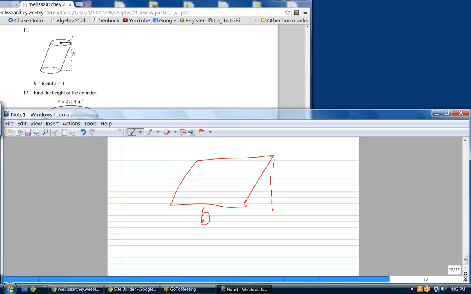Cavalieri's volume theorem says that solids with equal altitudes and identical cross-sectional areas at each height have the same volume. In other words, this has the same volume as if I straightened it up and took the vertical height. Still isn't clear to me whether that's going to be the slanted one or the vertical one.